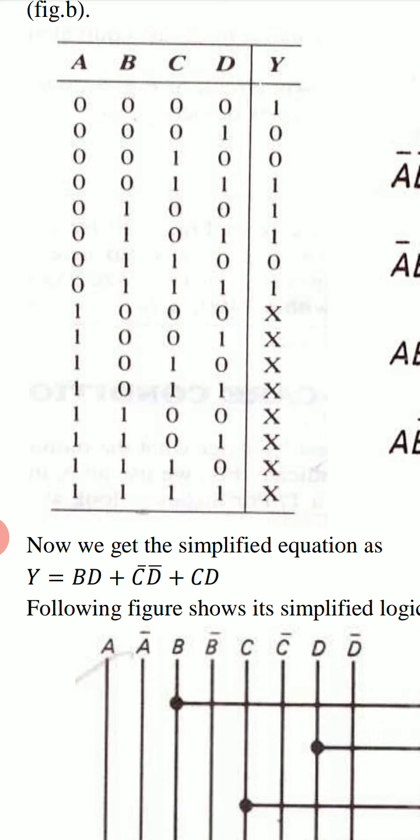In this way, we see how Karnaugh maps are useful in finding a simplified logical expression and to find a simplified logic circuit to produce a given truth table.